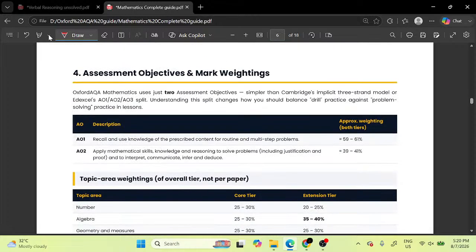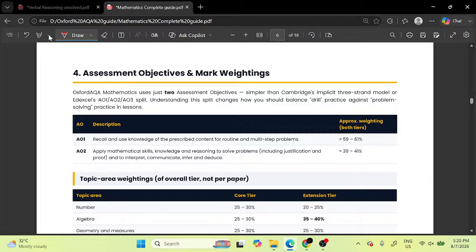Now, assessment objectives. Oxford AQA Mathematics uses only 2 assessment objectives. It is simpler than the Cambridge one. AO1 is recall and use knowledge of the prescribed content for routine and multi-step problems.